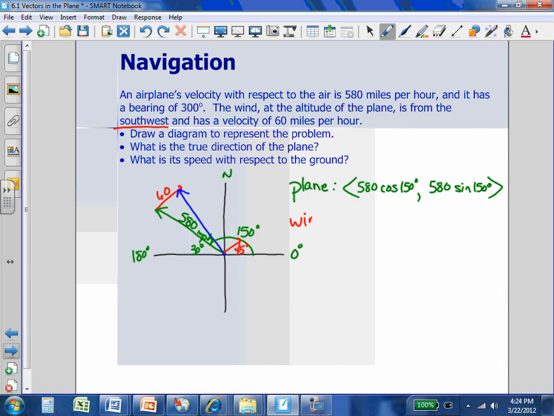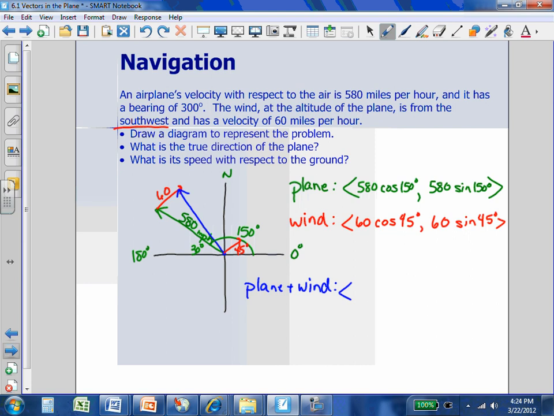So now we have the wind, and that's 60 times the cosine of 45 degrees, followed by 60 times the sine of 45 degrees. Now, if I add these guys together, because the wind is having an effect on the plane, I'm just going to write it out as plane plus wind.